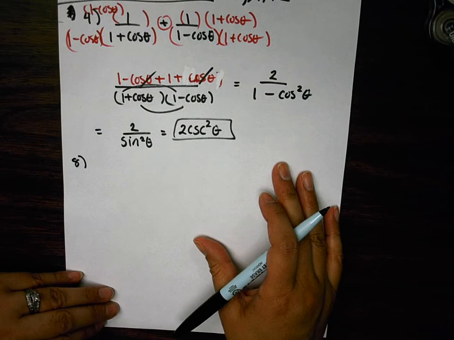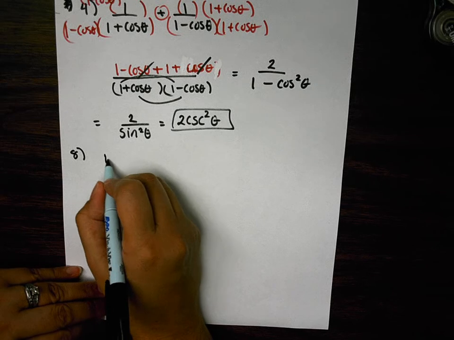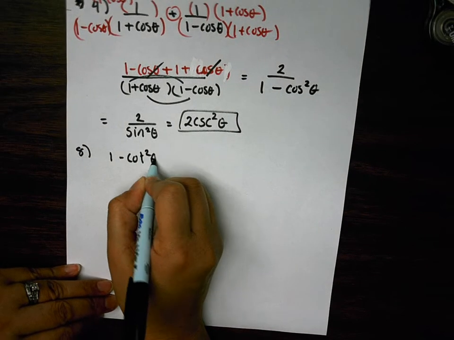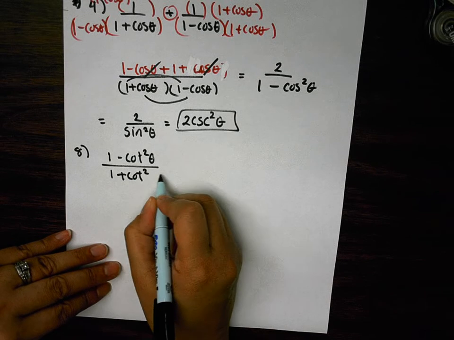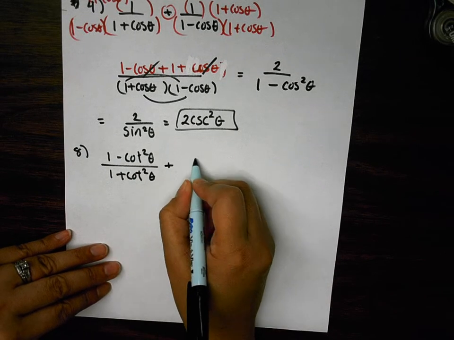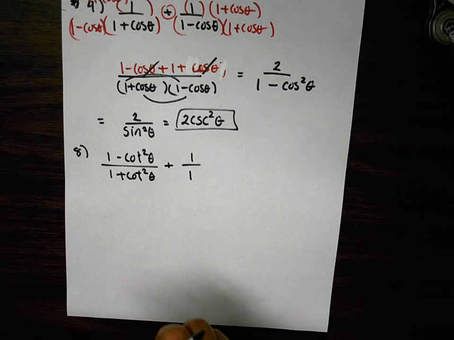Okay, number 8, 1 minus cotangent squared theta over 1 plus cotangent squared theta plus 1 over 1.